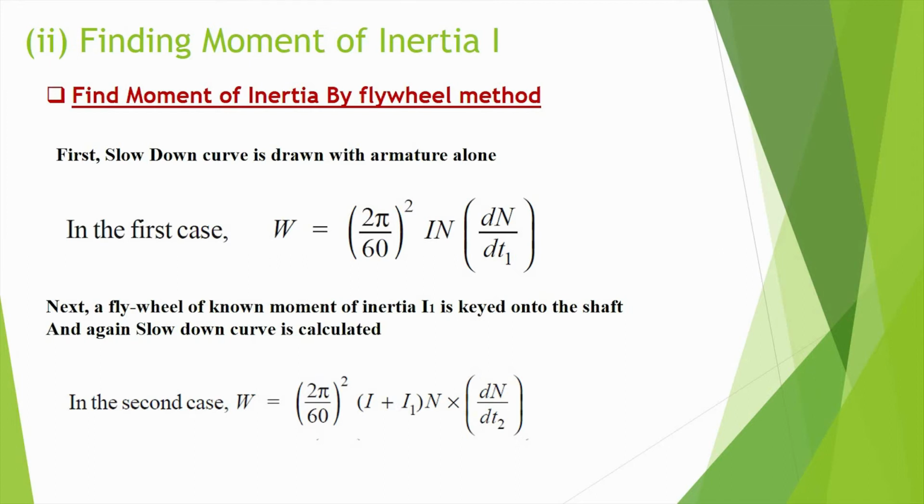The first method to find the moment of inertia is by connecting a flywheel. In the first case we have derived the equation for the loss. Next, we connect the flywheel and check the losses. In the second case we have the additional flywheel inertia, which is I1, and we know the moment of inertia of the flywheel.